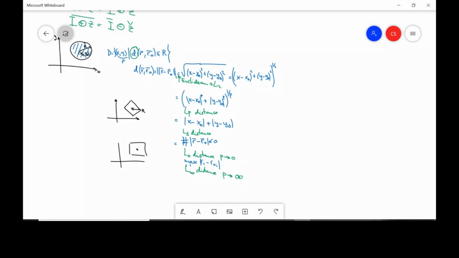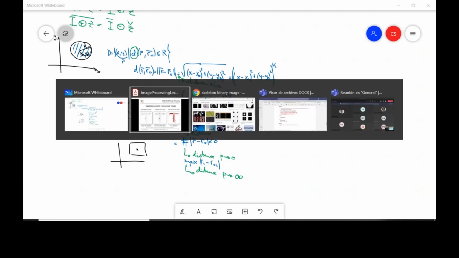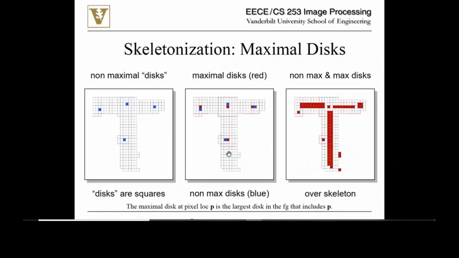Yeah, so the definition of the disk depends on what is your definition of distance. Okay, so now we have square disks because we are using the infinite distance.